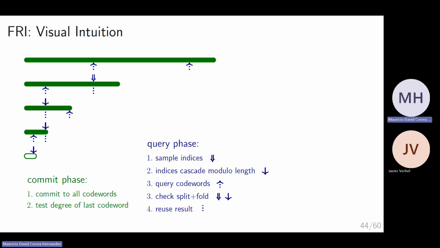Was that a question? Yes. So when you say he samples indices, the verifier, I guess he samples characters from the word that is the code? No. These indices live between 0 and n over rho. All right, but do they represent positions? They represent positions in the code word. Yes. Right.